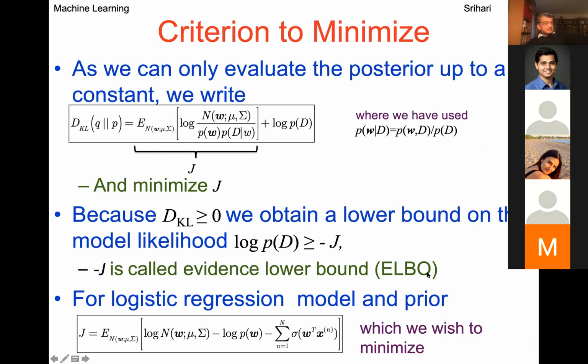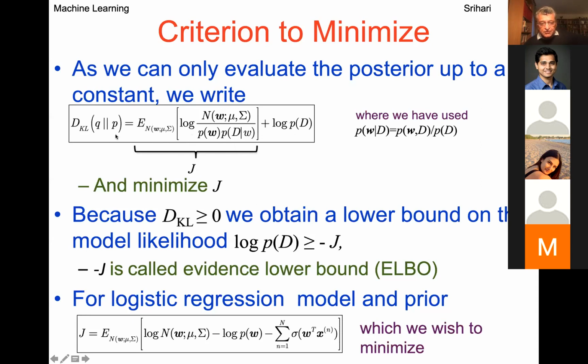That's another term useful in machine learning. The evidence lower bound is the negative of this quantity here, all right? So we want DKL to be made as small as possible, and it's going to be the negative of this quantity.